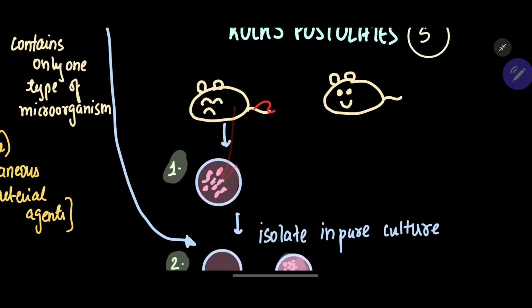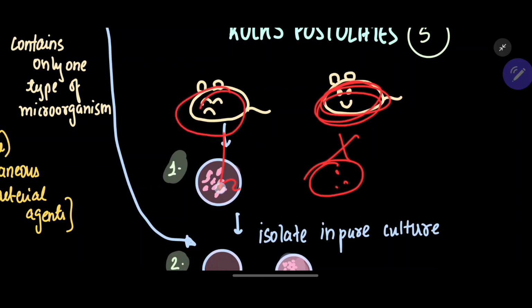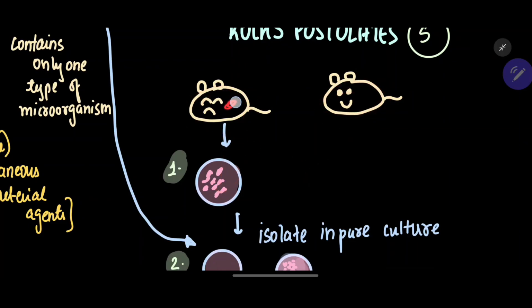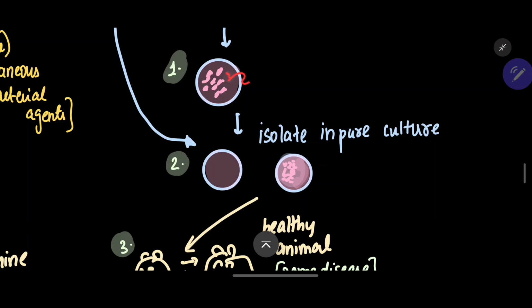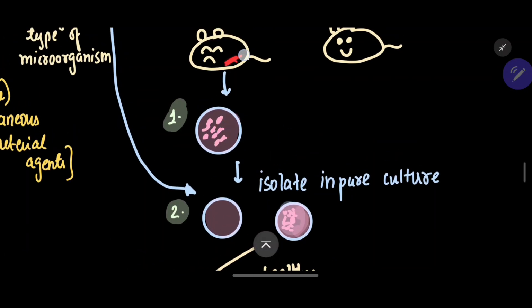lesion of the disease. That means a healthy animal should not have the microorganisms that the diseased animal is having. So whenever someone has an infectious disease, they should have the microorganism when we look at the culture. And then it should be possible to isolate these microorganisms that are causing the lesions.